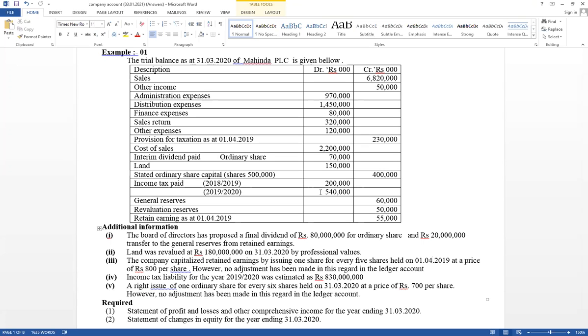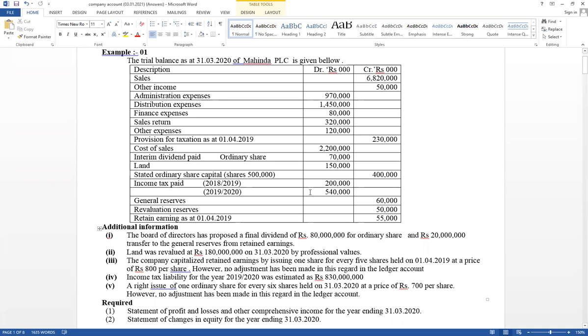It may be inventory adjustment, it may be bad and doubtful debts adjustment, leasing adjustment, disposal adjustment, revaluation adjustment, warranty adjustment, damaged stock adjustment. Those are not specific to a company. Those kinds of adjustments are available in all business organizations.